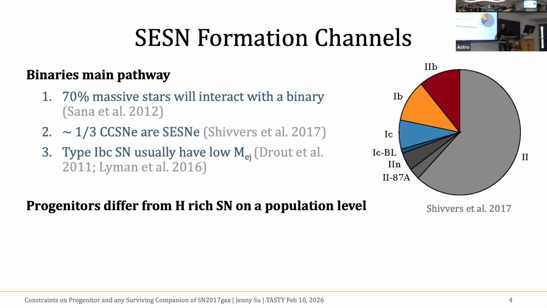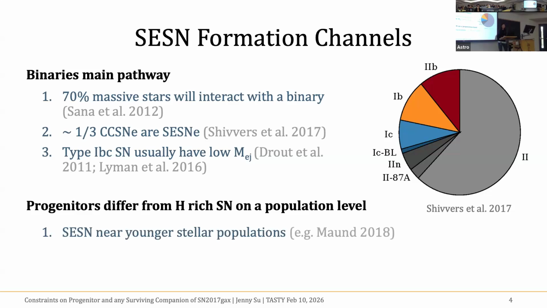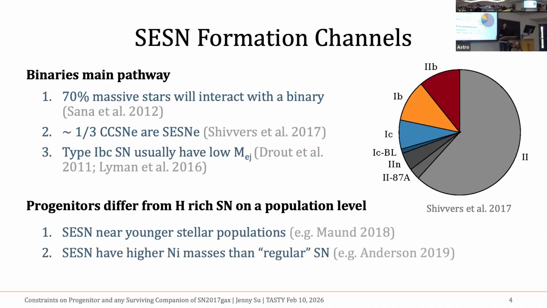But on the other hand, there are other studies showing these progenitors are still different from hydrogen-rich supernovae at a population level. One of these studies shows that stripped envelope supernovae are correlated with younger stellar populations, indicating that perhaps these progenitors are actually massive stars.